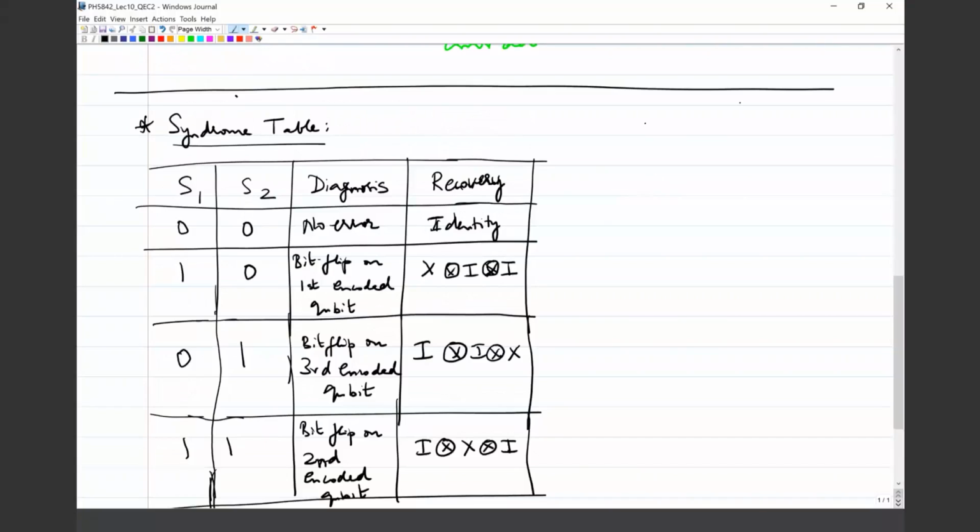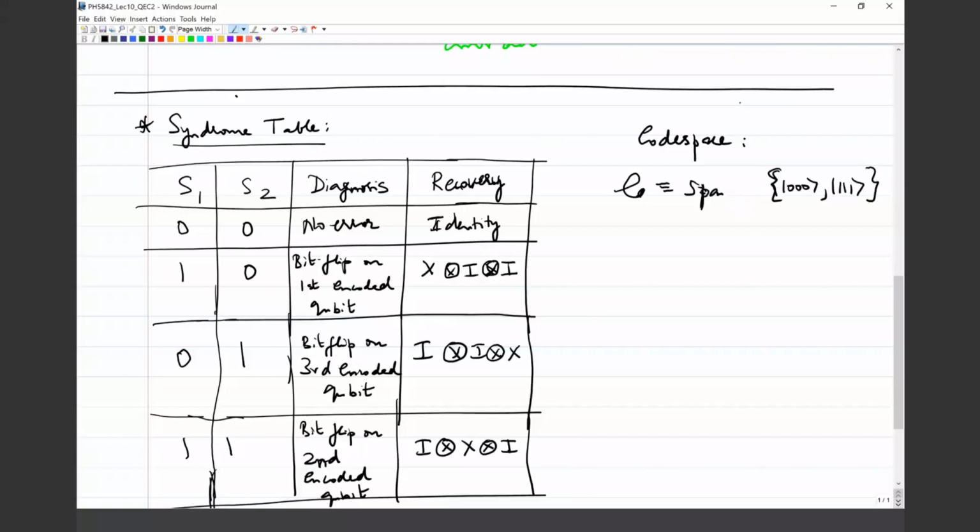So remember, you have the code space, in this case C, which is a span of 000 and 111. So what is the projection operator on the code space?